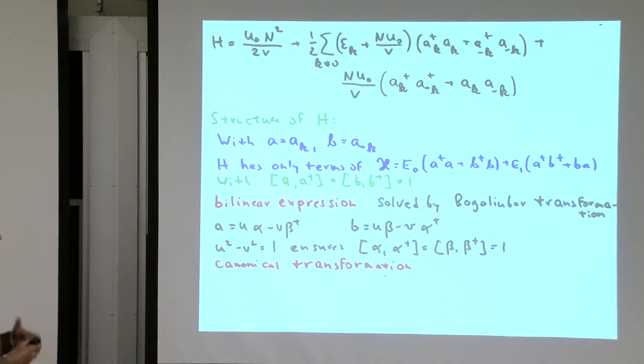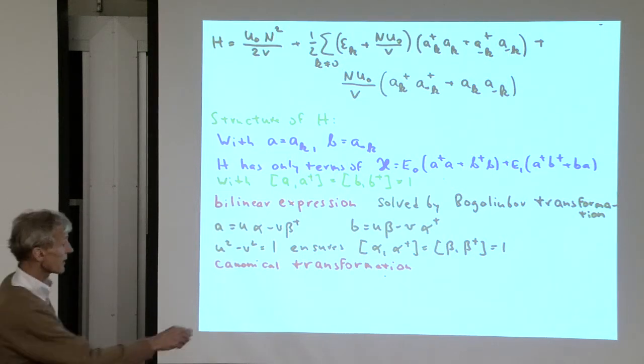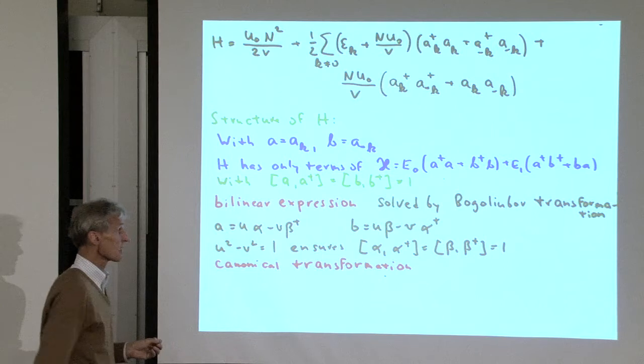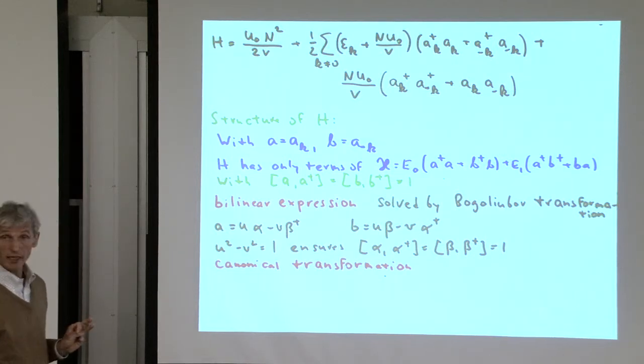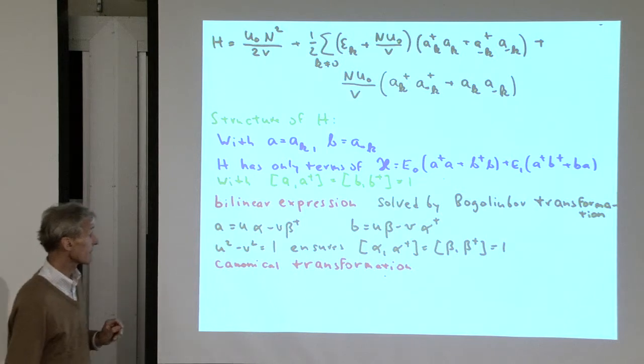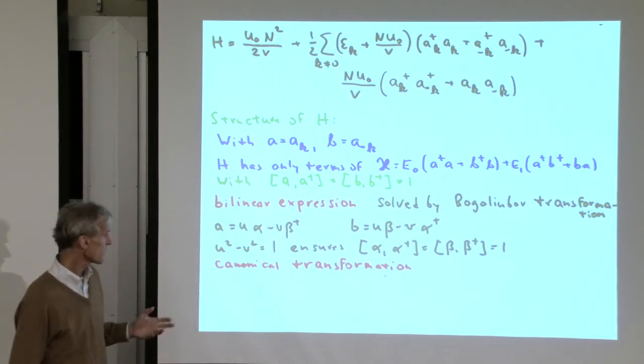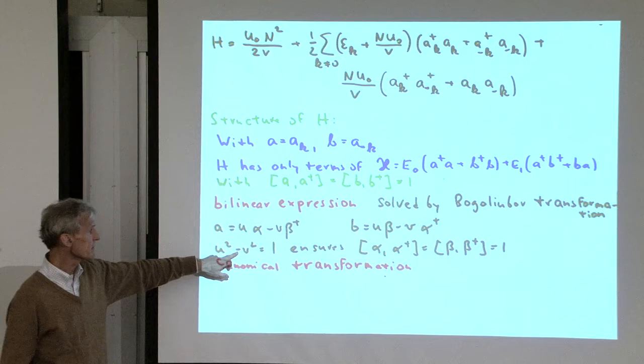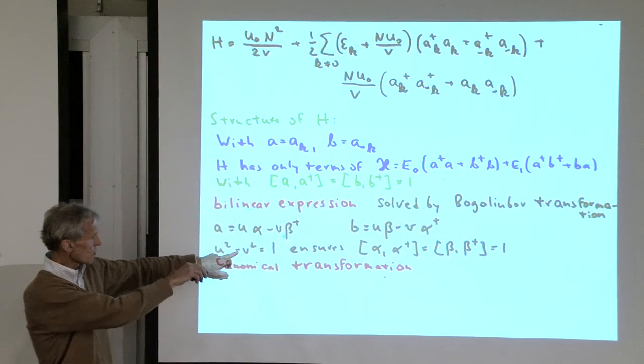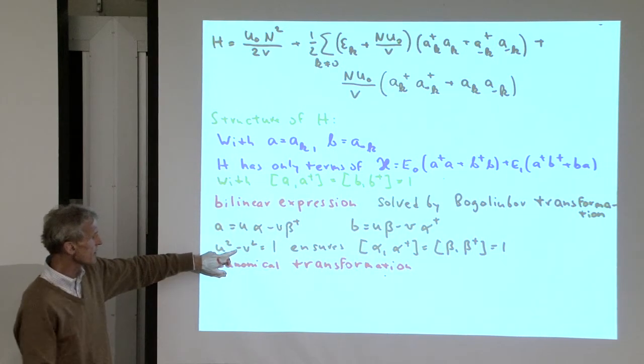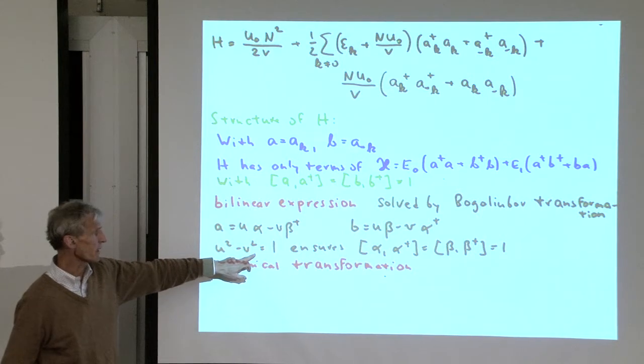And since we have a bosonic system and we think it's a good idea to keep the system bosonic, we require that those new operators fulfill bosonic commutation relations. Those bosonic commutation relations are fulfilled if u squared minus v squared, where u and v are the linear coefficients which express A and B in terms of alpha and beta, is 1.